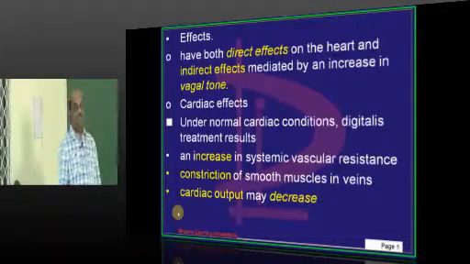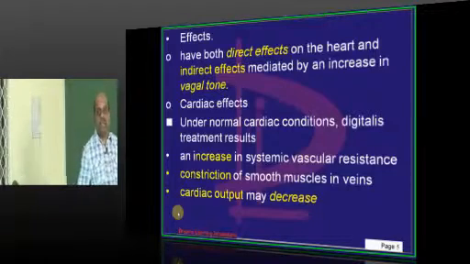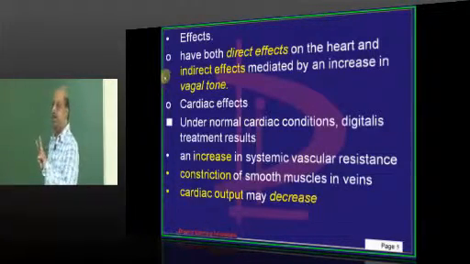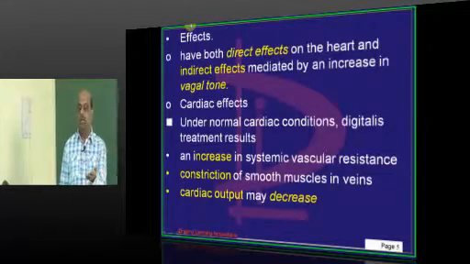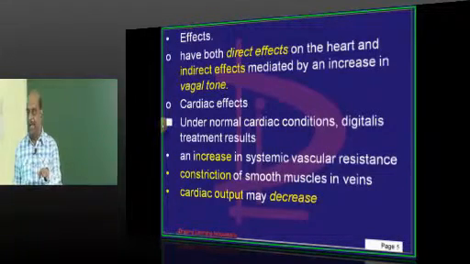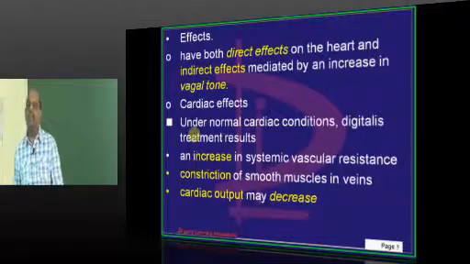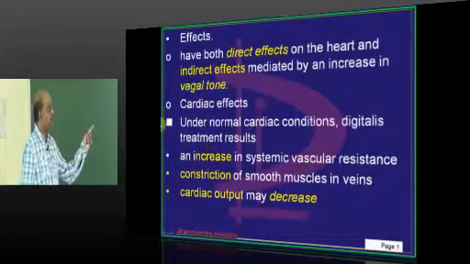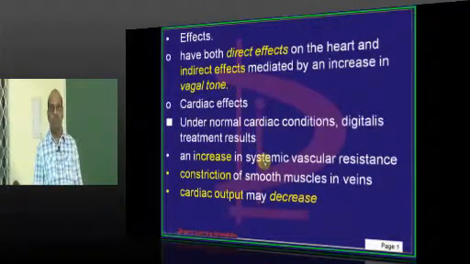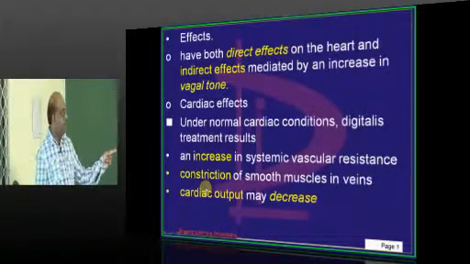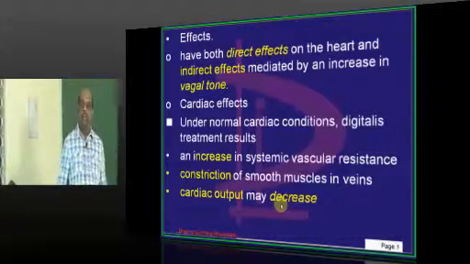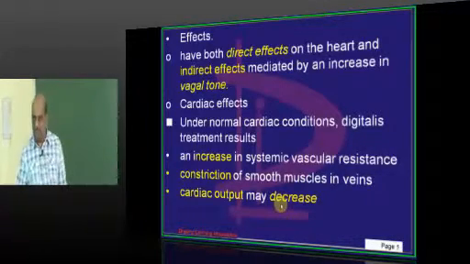So what are the important effects of giving Digitalis? There are two kinds. Directly it acts on the heart, direct effects, and indirectly by activating the vagus and parasympathetic system, it has indirect effects. So what are the cardiac effects? Digitalis will increase the systemic vascular resistance.